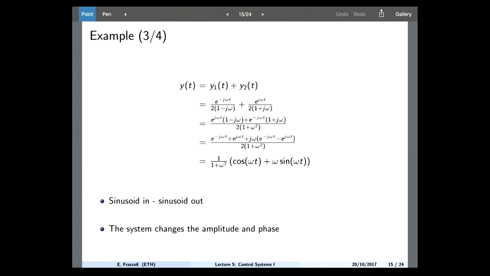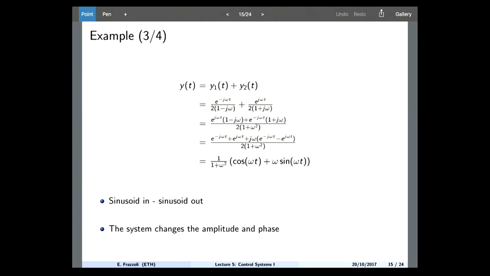Let's add these two things together. We know that the output to the combined input will be the sum of the two outputs. Do the calculations, you can go through them, and what you will see is that what I get at the end is cosine of omega t plus omega sine of omega t, divided by 1 plus omega squared.